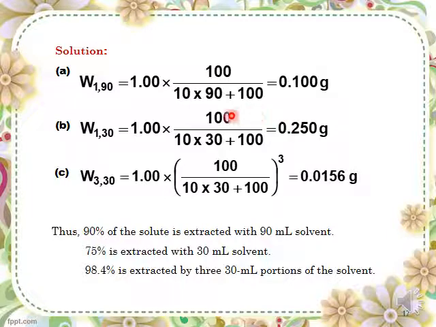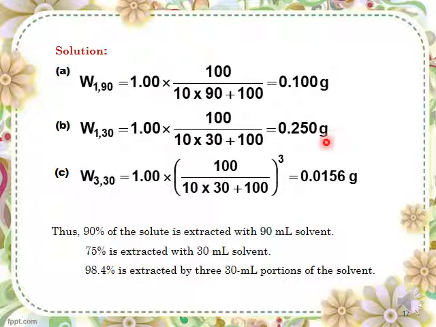You see here, using a large volume of solvent, 90 ml, only about 0.1 gram of solute remains. But if you only use a small volume, only 30 ml of solvent just now, quite a lot of the solute remains behind in the aqueous phase, which is 0.25 gram.